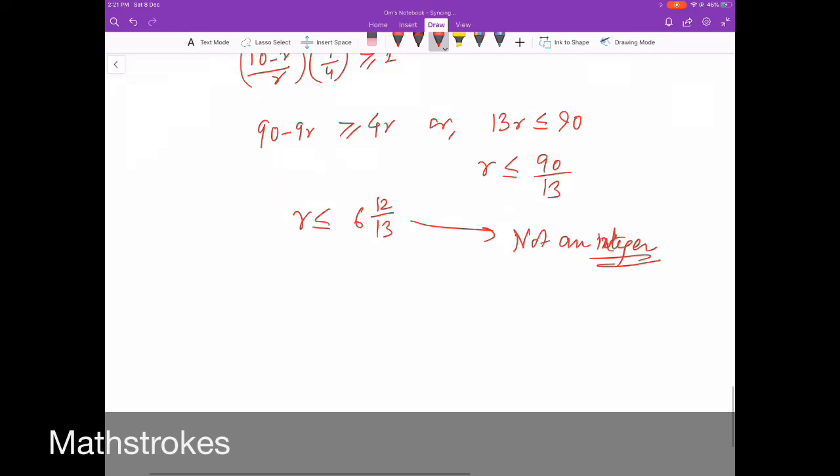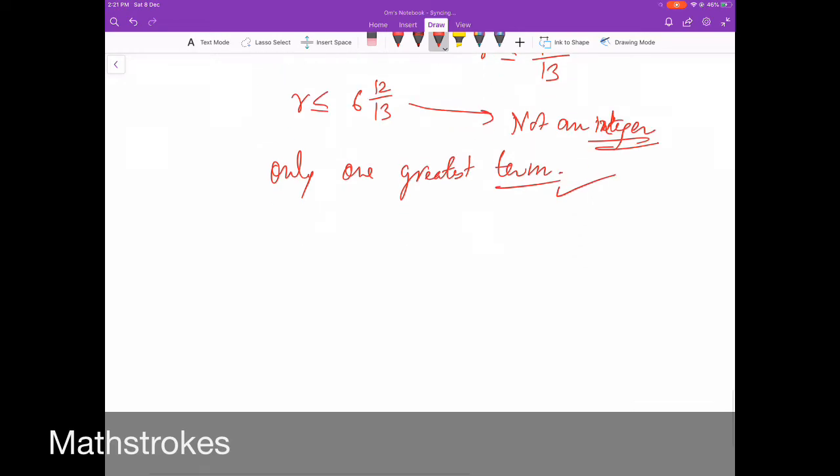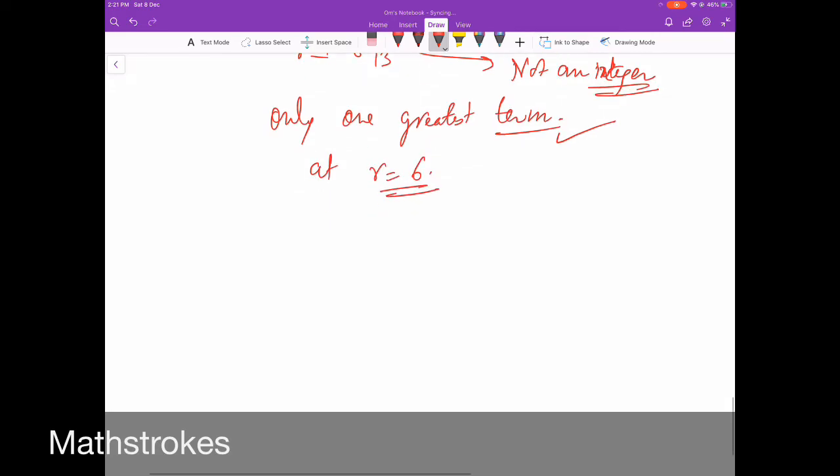If this is not an integer, I will get only one greatest term at r is equal to 6. What I initially assumed, t(r+1) is greatest, fine, at r is equal to 6.